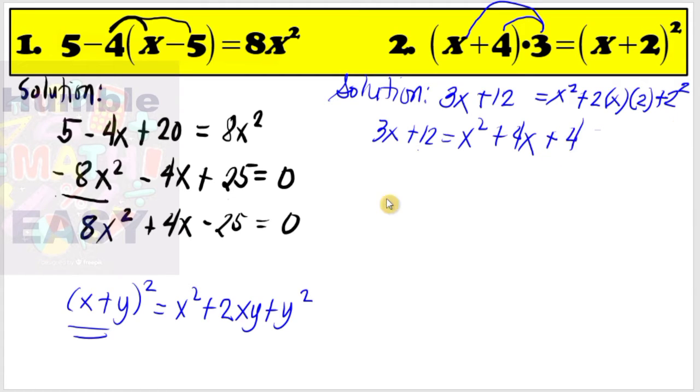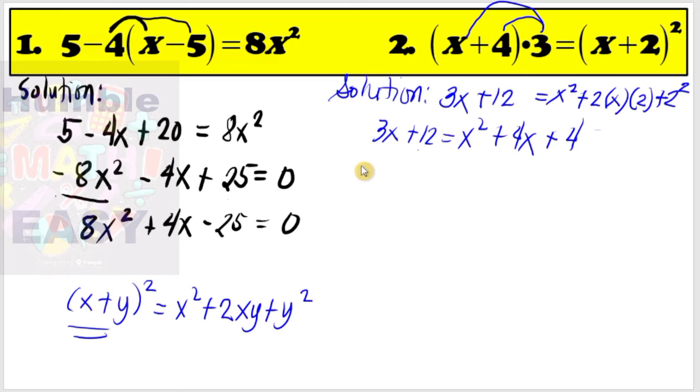So dealing with the two sides of the equation, the left hand side is 3x plus 12, and the other one is x squared plus 4x plus 4. To be in the standard form of the quadratic equation, the right side must be 0.